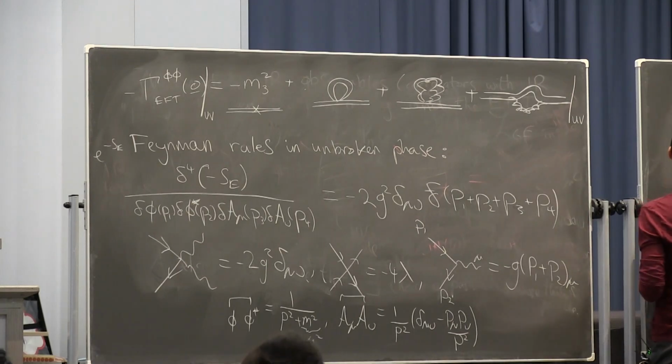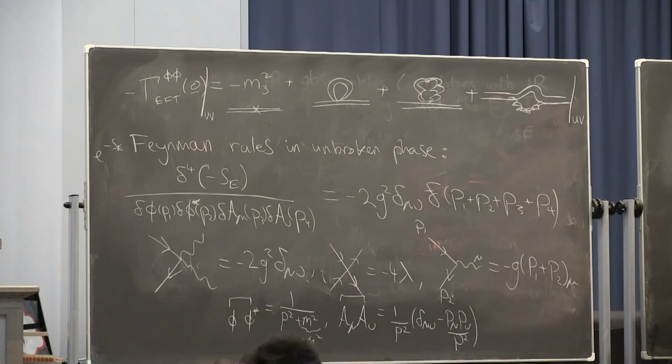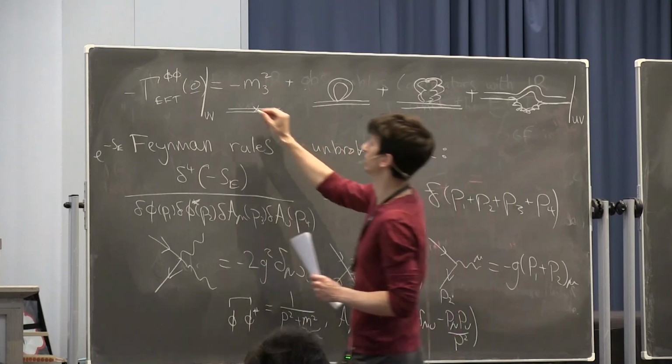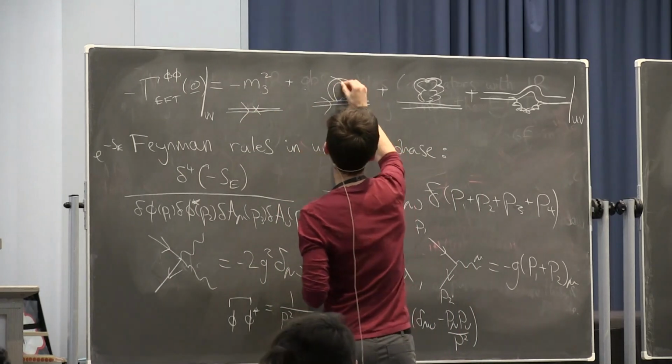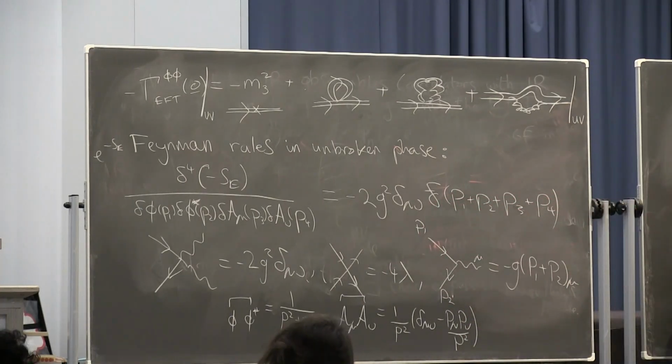So, now let's consider this diagram, the first one here, the UV part of it. So there are arrows everywhere. There's only one way of closing this loop, so the symmetry factor is 1, so we get minus 4 lambda times the integral over q of 1 on q squared plus m squared.